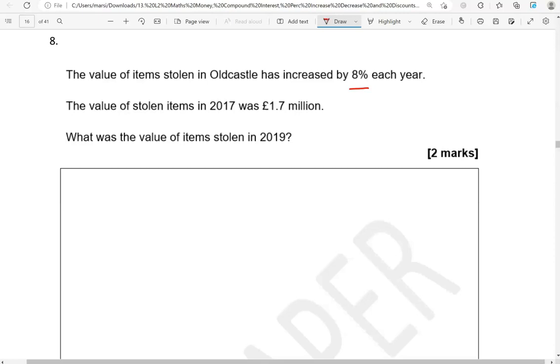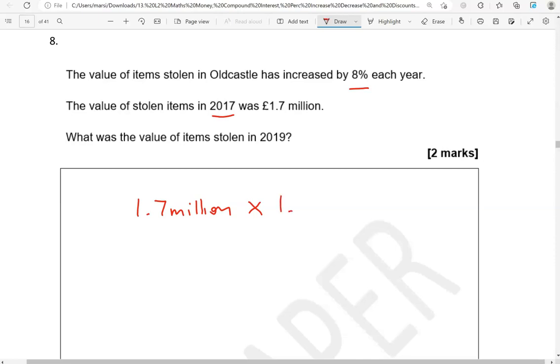So the value of the items stolen has increased by 8% each year, which means we're talking about compound growth, just like compound interest. So if we start with the original amount, which is 1.7 million, we are going to multiply that by the multiplier.